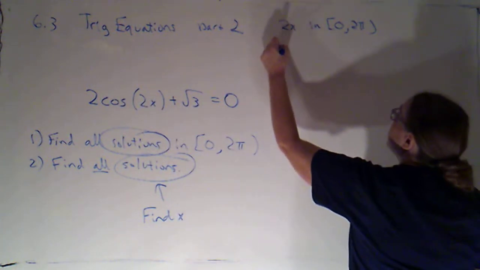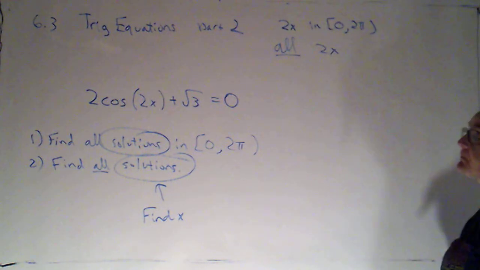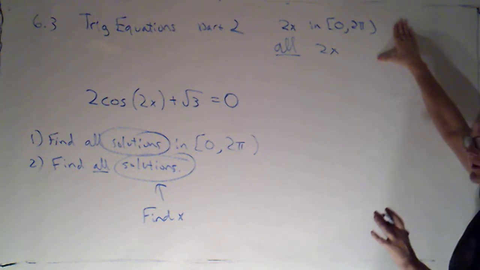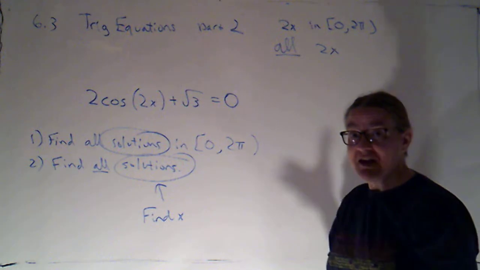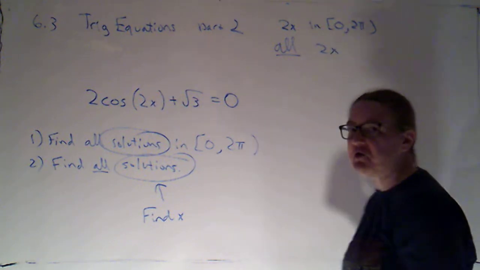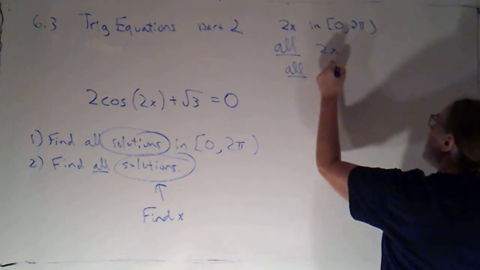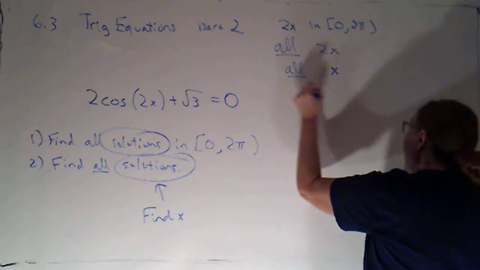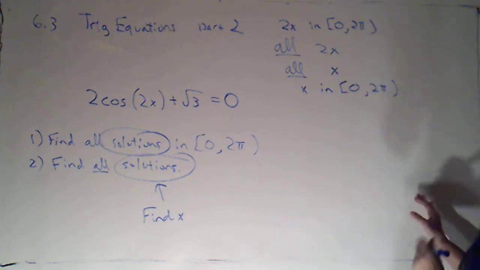Then I'm going to find all possible values of 2x. So I'm going to go through the same steps that we've been going through in solving for an angle. It's just that once I've done these two steps, I'm not done because I don't know what x is. I know what 2x is. But once I have that, I'm going to be able to find all values of x. And once I have that, I'm going to get x in the interval from 0 to 2 pi.